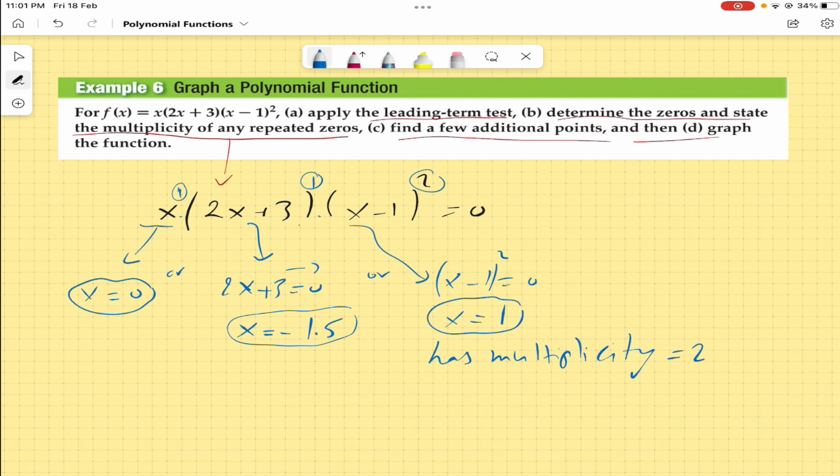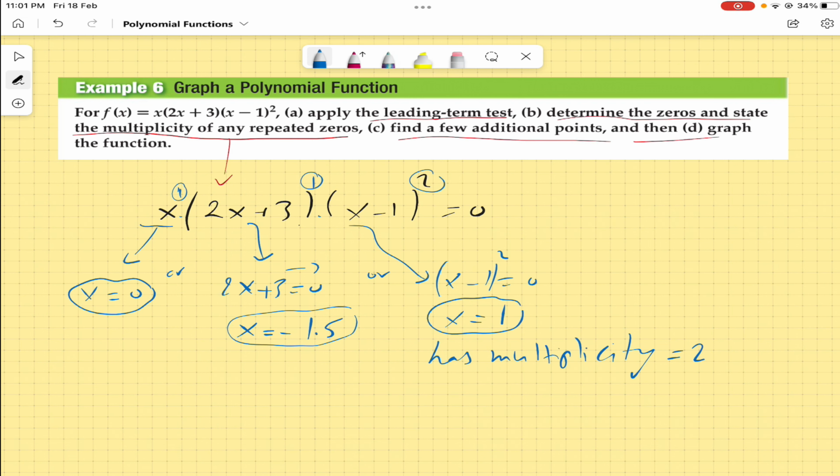It doesn't cross the x-axis, just tangent. If the multiplicity is odd, let's say 3 or whatever, at this point the graph crosses the x-axis. Okay.